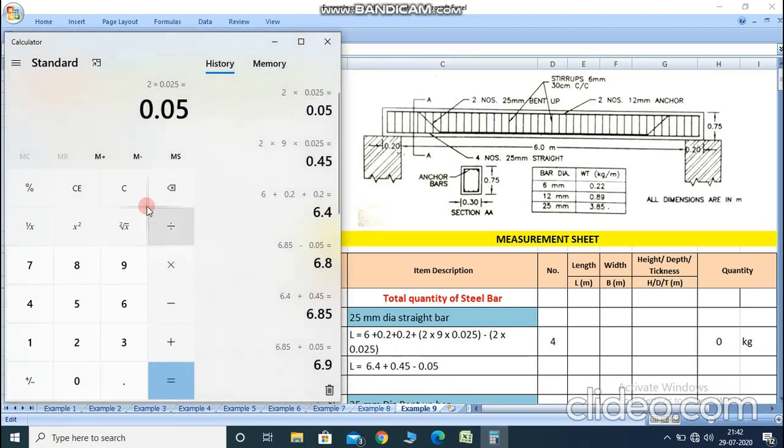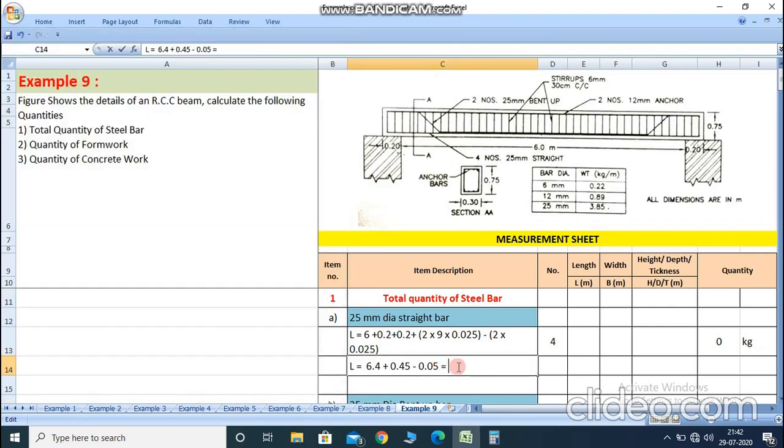Now we use the calculator. 6.4 plus 0.45 minus 0.05, so total length is equal to 6.8 meter. So right here we write 6.8 meter.